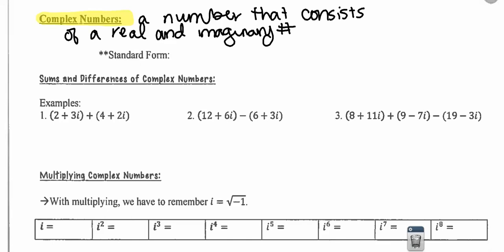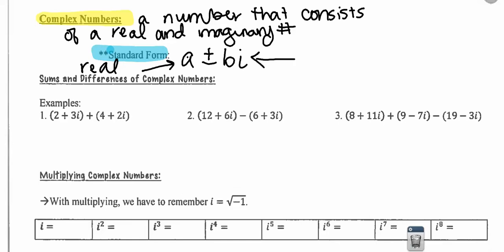So for standard form, that just means it's in the form a plus or minus bi. That's all that means. So a is my real number, so 2, 3, 4/5. bi is my imaginary number.